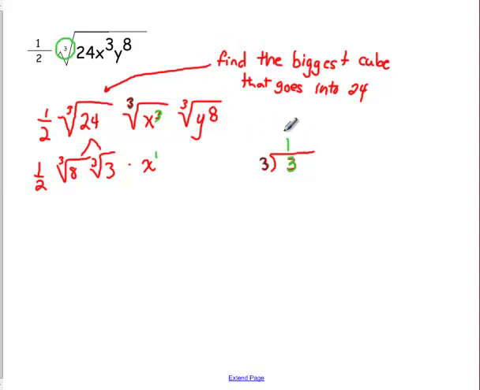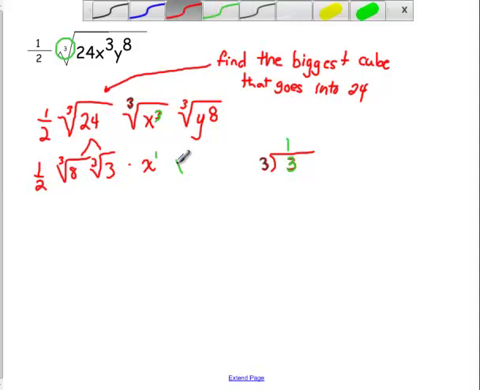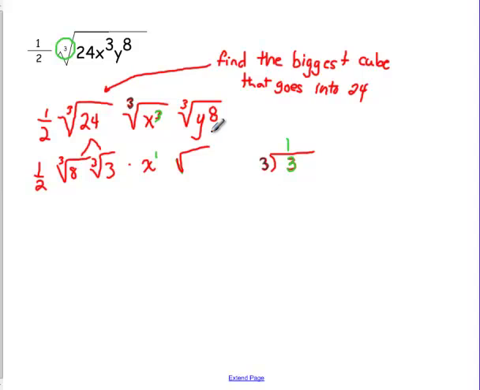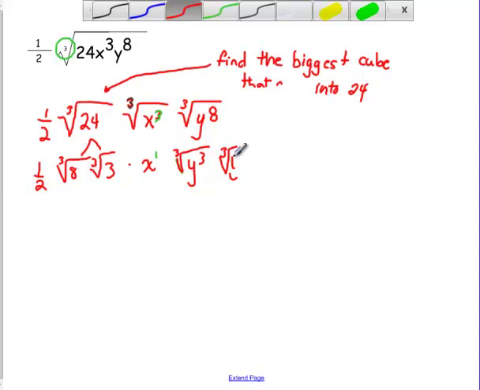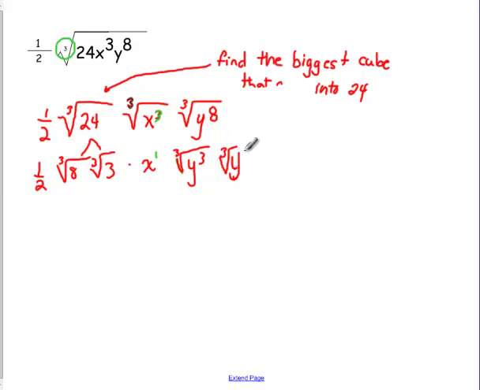Now, what about this one? I got to find a perfect cube. Well, if I did the cube root of y cubed, because we know y cubed is a perfect cube, then that would leave me with the cube root of y to the 5th. Right?